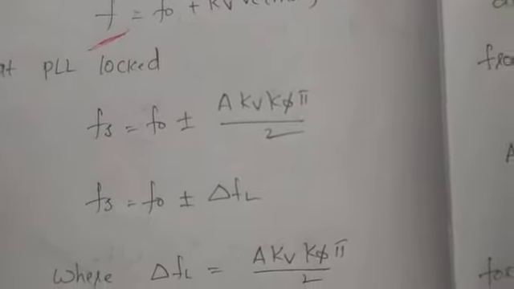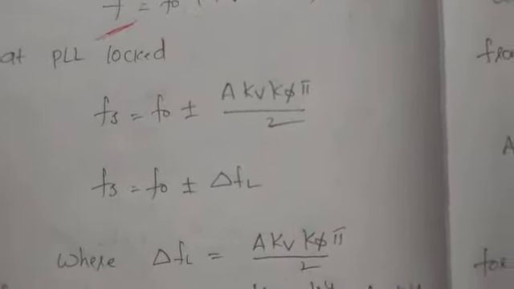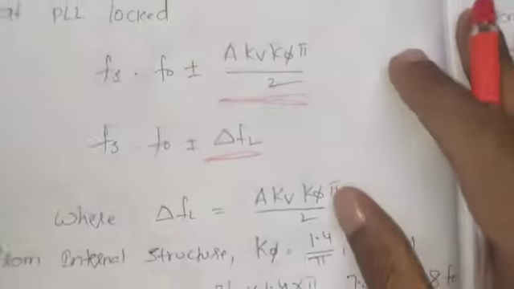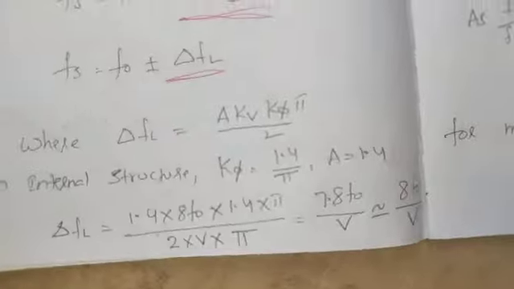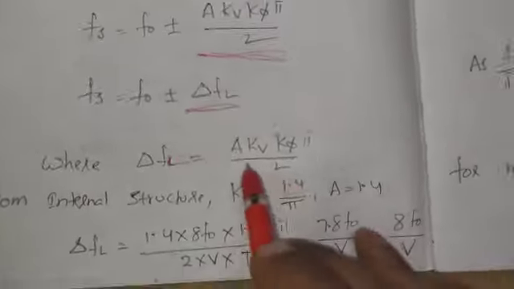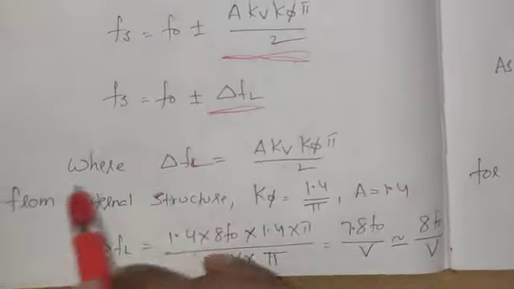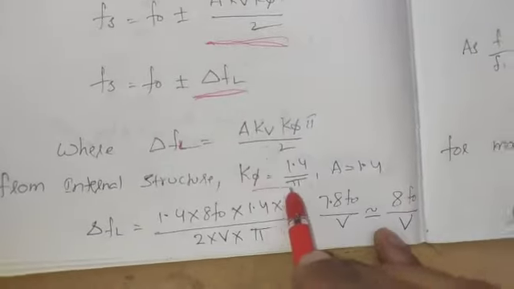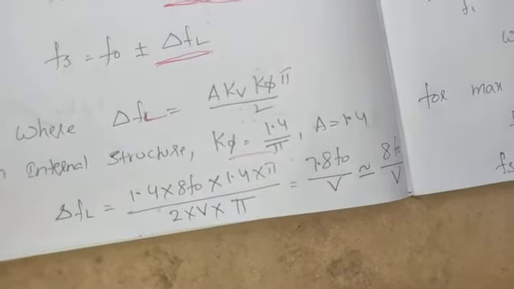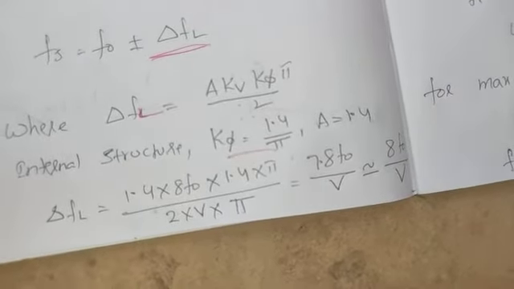So Fs equals F naught plus or minus, and in its place you keep delta FL. This delta FL is nothing but our lock-in range frequency: A KV K phi pi by 2. From the internal structure, the designed K phi value is 1.4 by pi and the gain A is 1. These are the internal design values that we have to take.